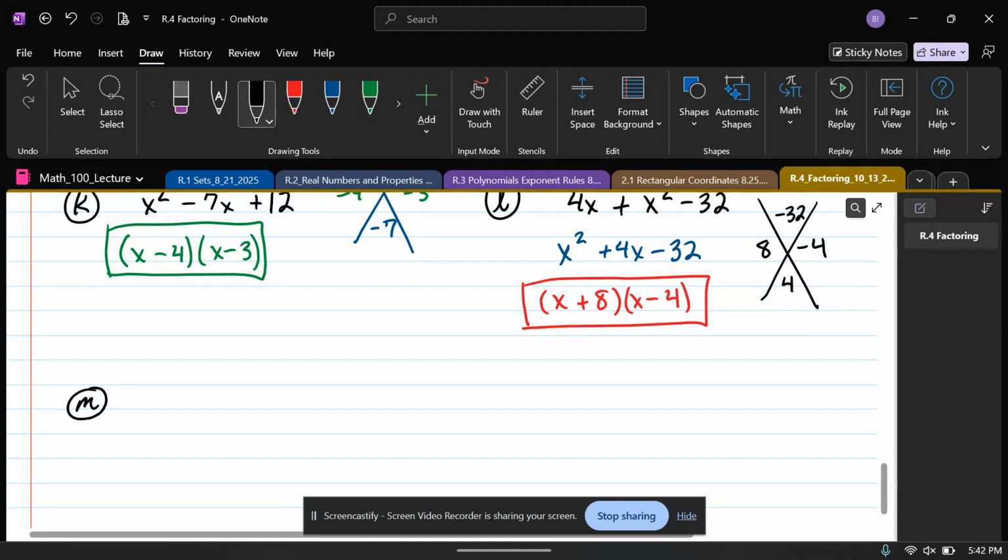Here's another one. Let's do 4x squared minus 11x plus 6. Look for a GCF. Make sure you're in the right order.